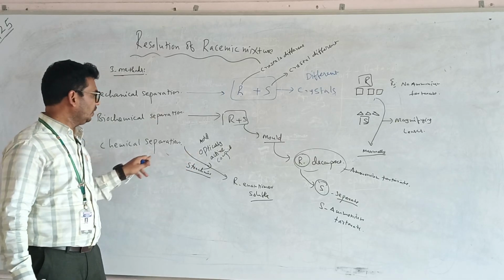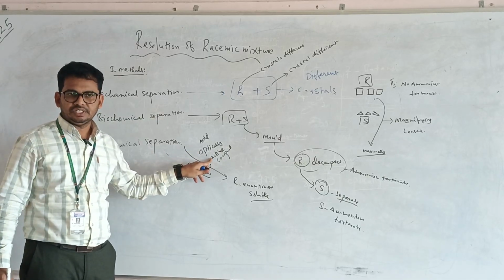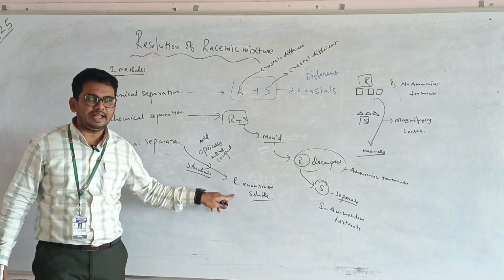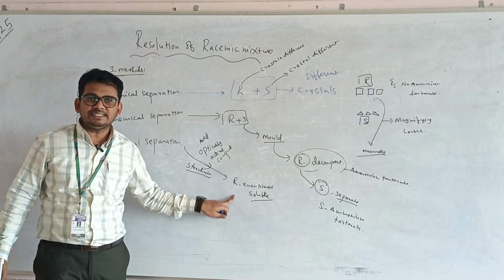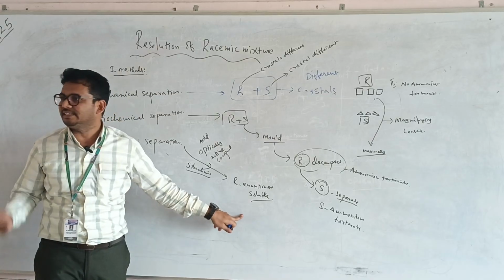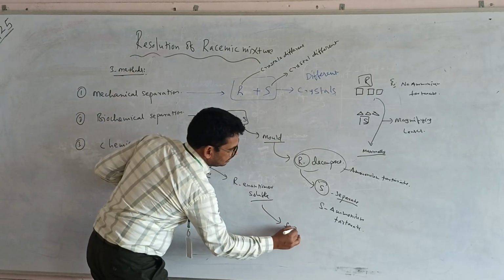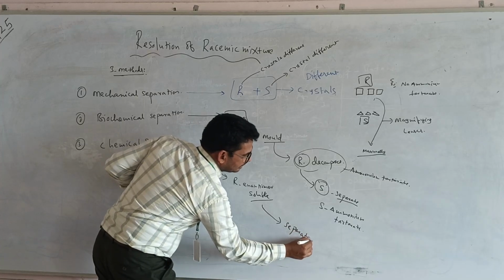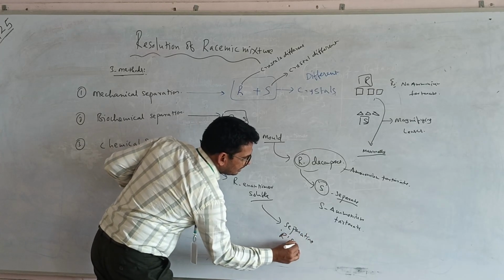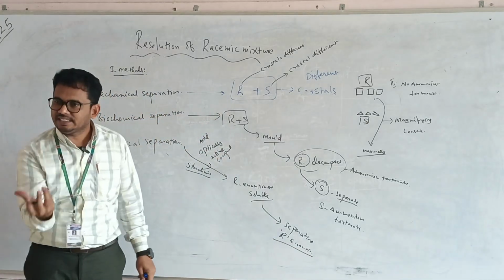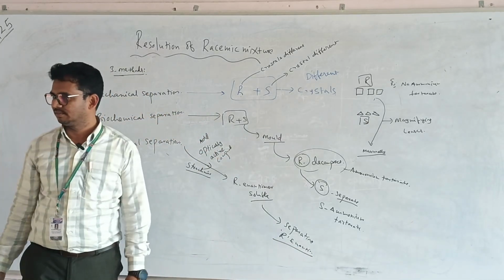I am adding it to the racemic mixture, and it solubilizes the R enantiomer. Solubilizing means it takes it out, separating the S enantiomer.